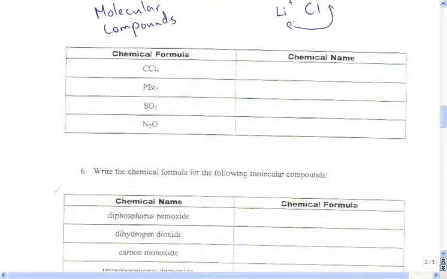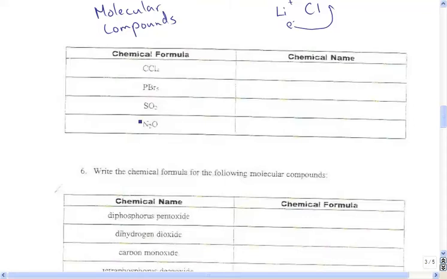I won't get into the structure of it because you don't really need to know that. But because these share electrons, we have a different way of naming them and talking about them. So the way we do this, we'll go from the chemical formula. It's quite easy to go either way.